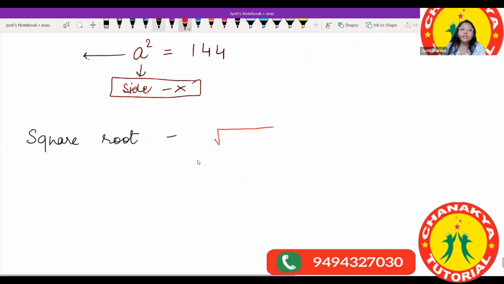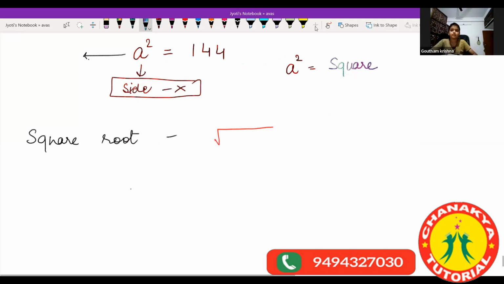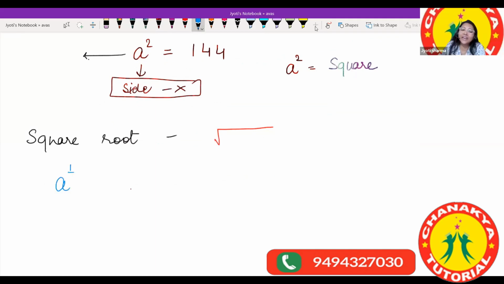See, if the power of any number is 2, what is that? A square, right? If the power of any number is 1 by 2, that becomes a square root.